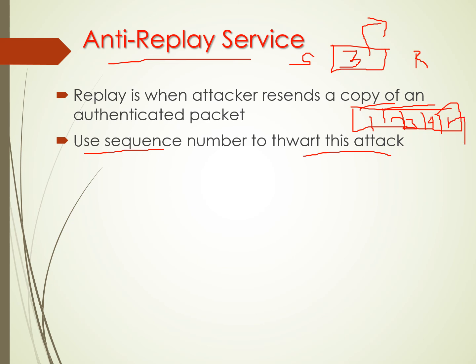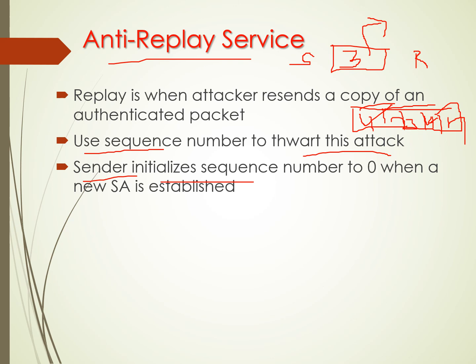Once a data packet is received, it is marked with a tick. For example, if the receiver has received data packet 4 for the first time, he marks it as received. When the same data packet 4 comes a second time, the receiver drops it.